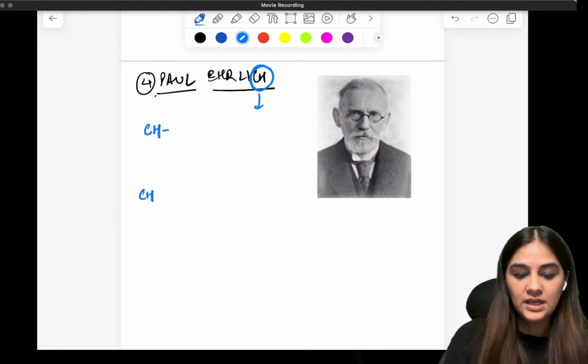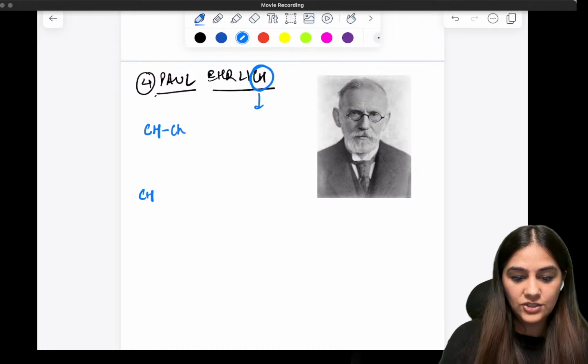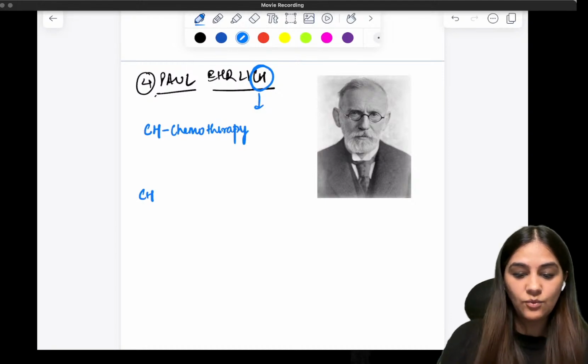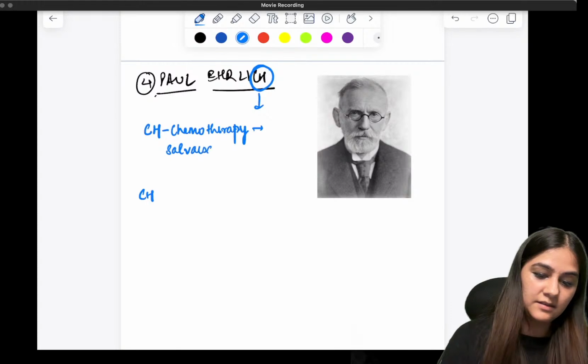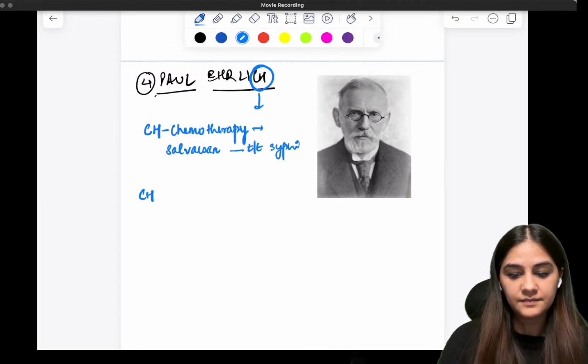He gave us the concept of chemotherapy. Actually, he gave us a drug called Salvarsan at that point of time, which was used to treat syphilis.